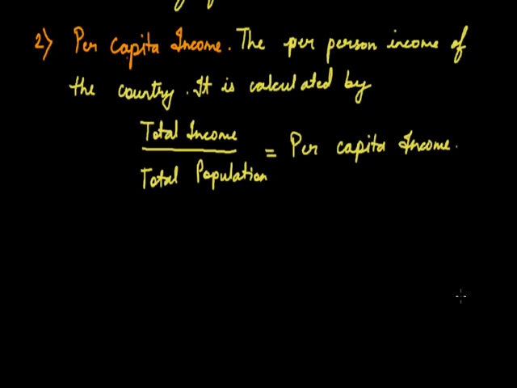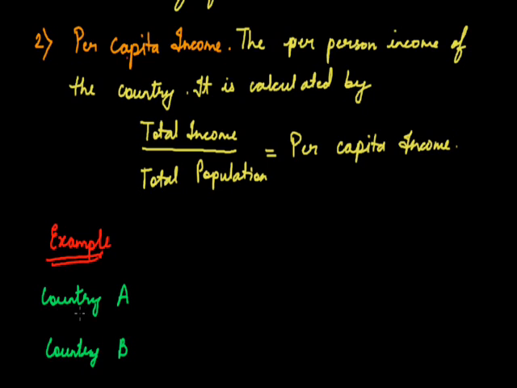We can explain this with the help of an example by comparing two imaginary countries. We take two countries, country A and country B, with a population of 5 people each.